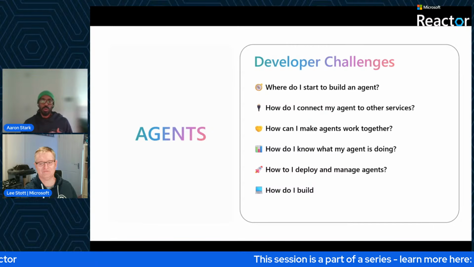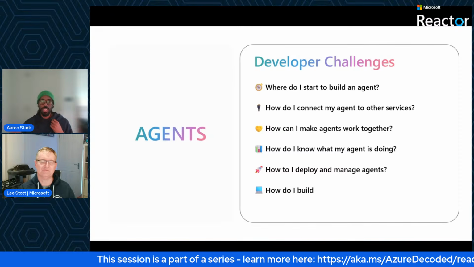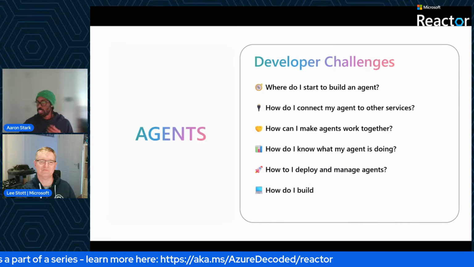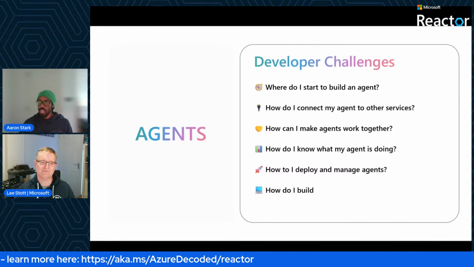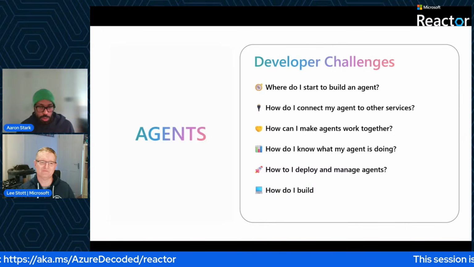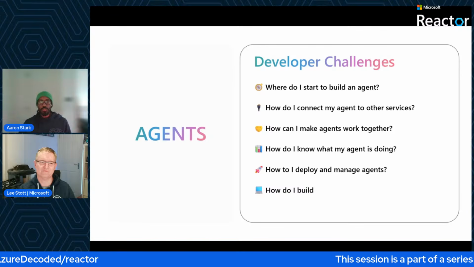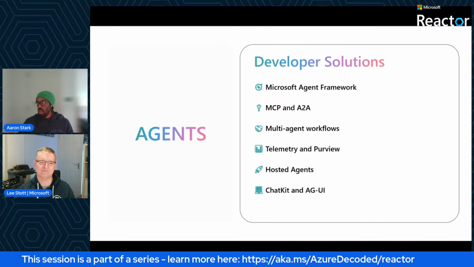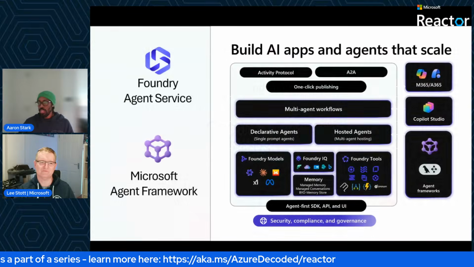We talked about where do we start to build an agent, how do we connect to different other services. But like I mentioned, I really want to dive deeper into some of the ideas around how do they work together, observability and understanding what they're doing, and then also how do you manage and deploy some of these different assets as well.